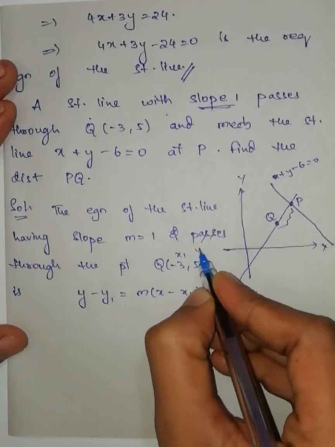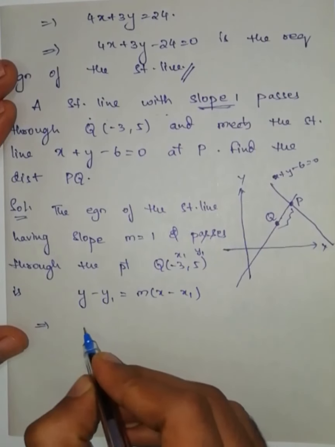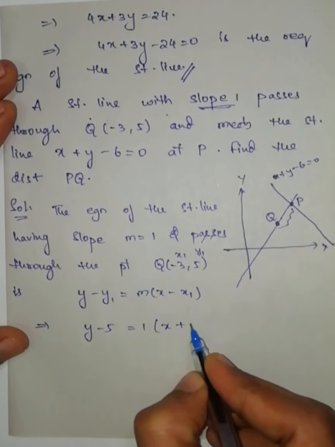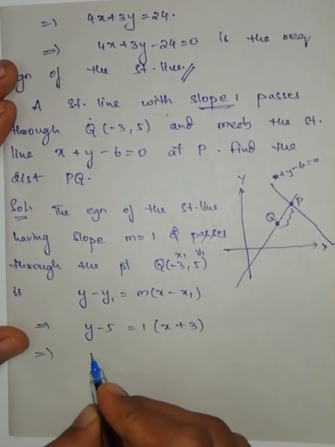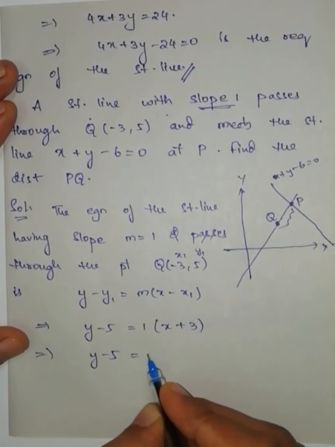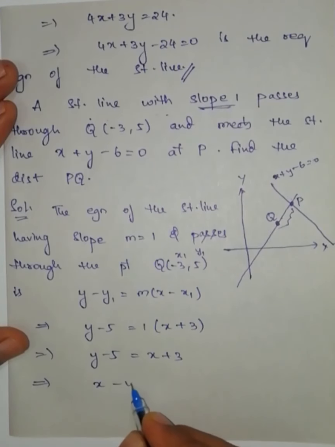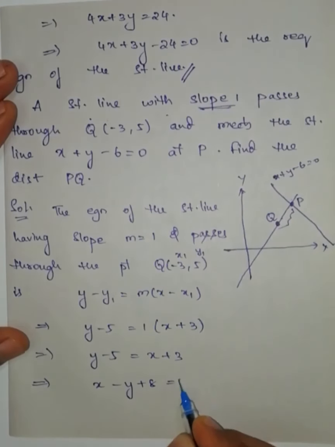This is x1 and this is y1. This implies y minus 5 is equal to 1 into x plus 3. This implies y minus 5 is equal to x plus 3. This implies x minus y plus 8 is equal to 0.